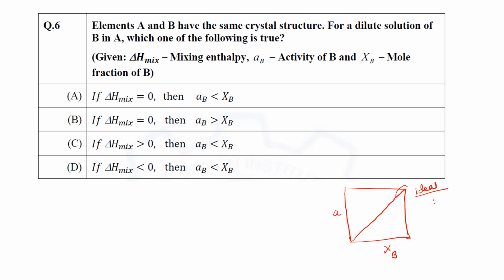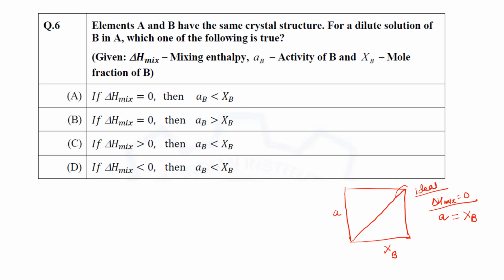When we have an ideal solution, delta H mix will be equal to 0. So when delta H mix equals 0, the activity will be equal to the mole fraction. Whatever the mole fraction, that will be the activity.